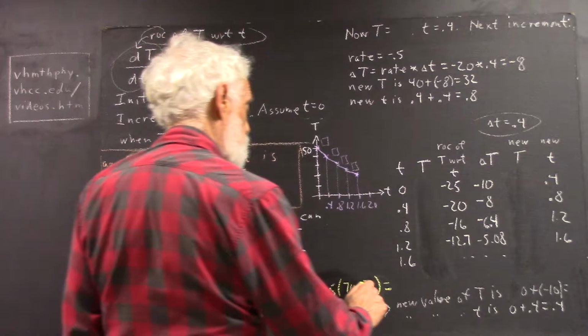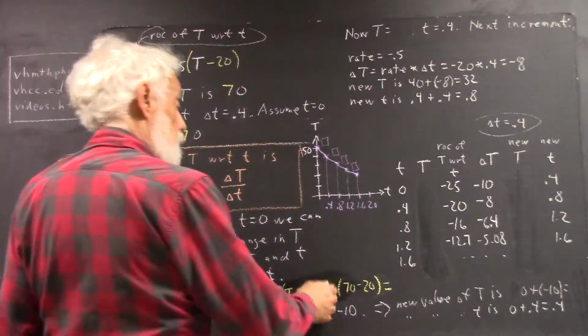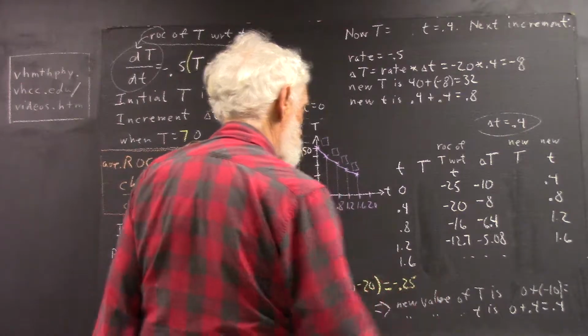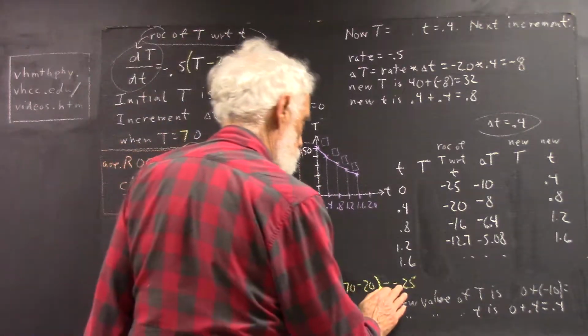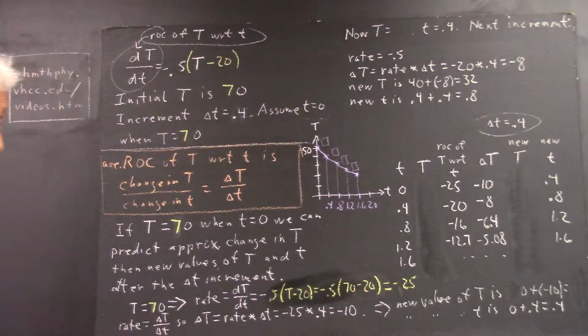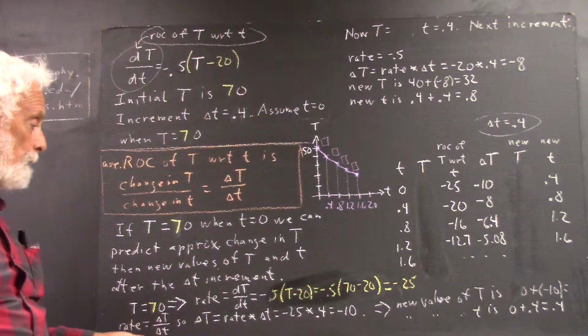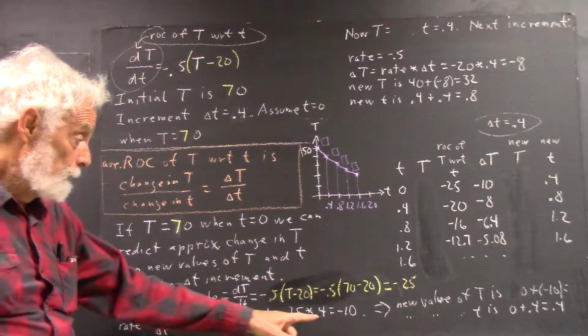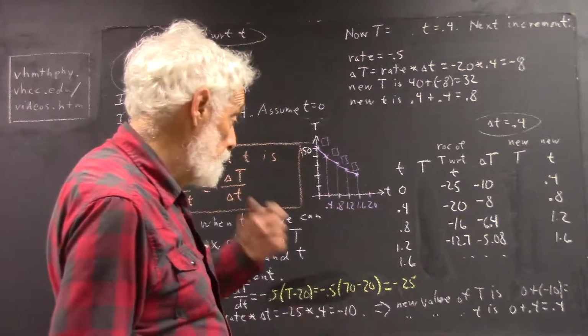And 70 minus 20 is 50. Negative 0.5 times 50 is negative 25, sorry. So our rate is negative 25. We multiply that by 0.4, we get negative 10.